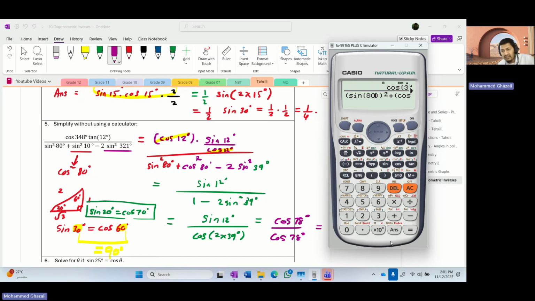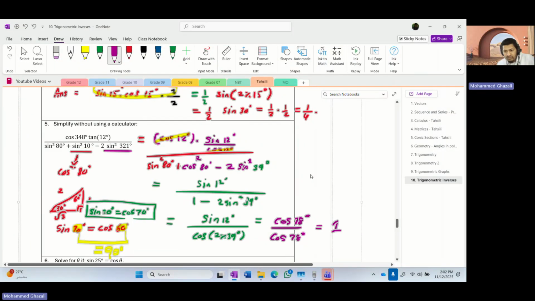Yeah, so with the calculator in degree mode, shift mode, degrees. Again, cos 348, tan 12, divided by sine squared 80 plus sine squared 10. You should get the answer now, which is 1. So perfect.